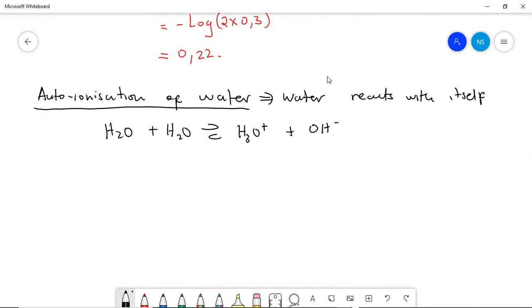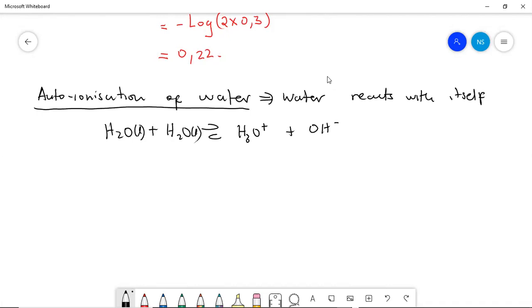So that's when water reacts with itself. That's the autoionization of water.